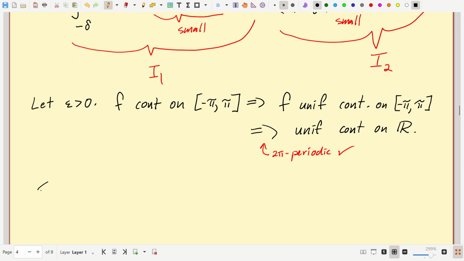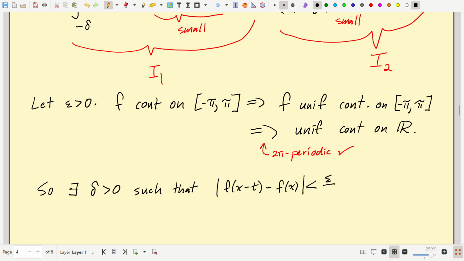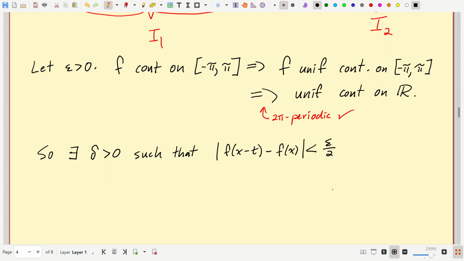So there exists a delta bigger than 0 such that the absolute value of f of x minus t minus f of x, I kind of want that to be less than epsilon over 2 because I've got 2 integrals to mess around with, when absolute t is less than delta.